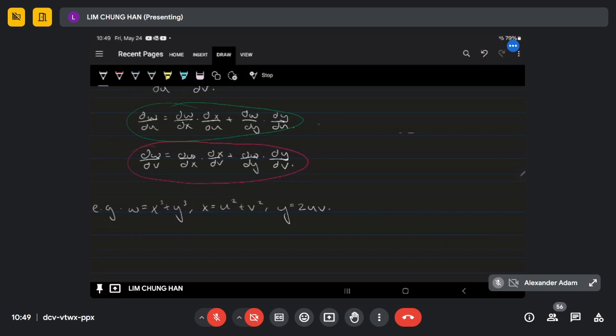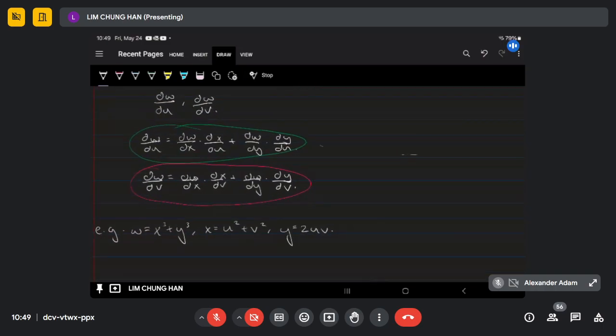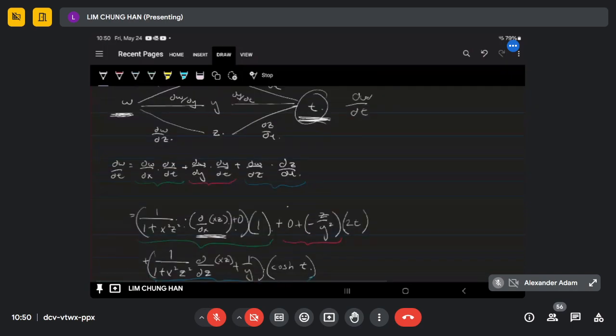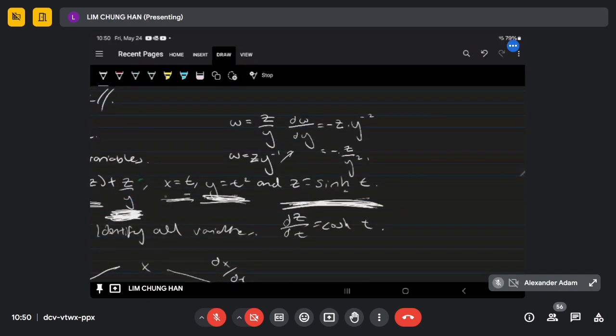So the way for you to solve this is, I am going to go back to the previous question. Previously, you can see x is related to one variable only, y is related to one variable only, z is related to one variable only. So x, y, z are all related to t only, one variable.